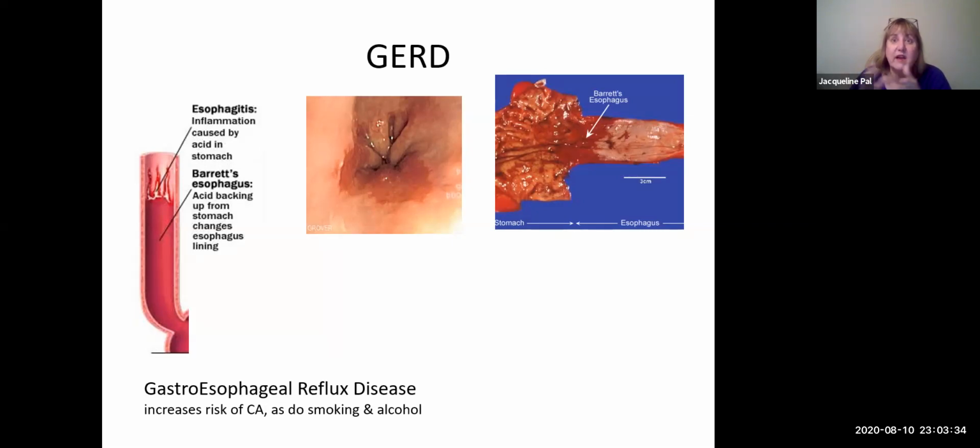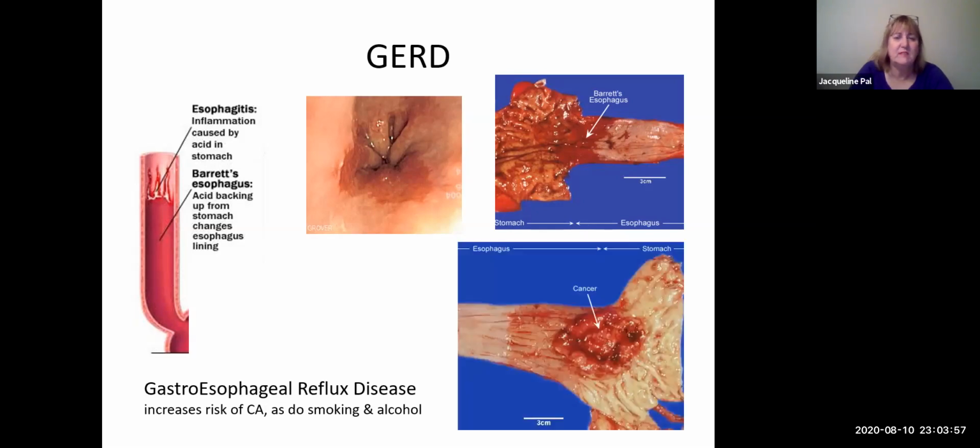This greatly increases the risk of cancer, as do smoking and alcohol, if this happens long term. So if you know anybody who is popping their Pepcids or popping their Tums for 40 years, just tell them they need to go to a healthcare provider and get put on the right medications and get it treated once and for all.